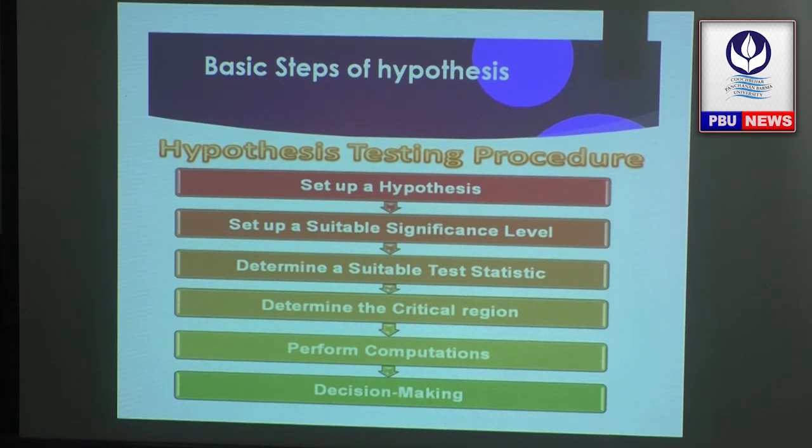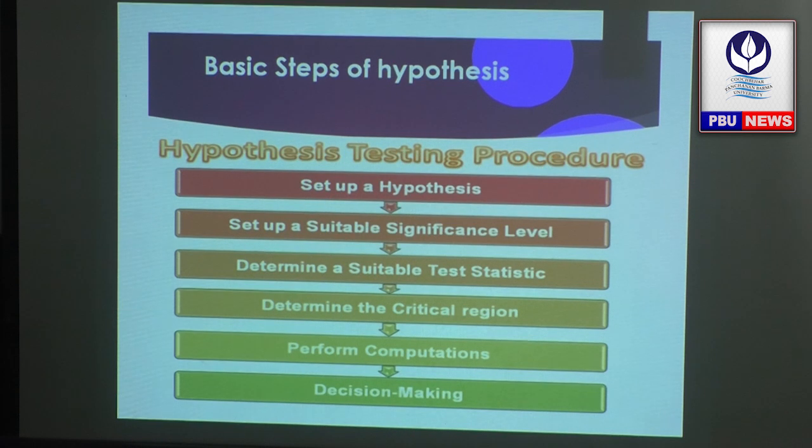Basically, there are 4 steps. First step, clearly state your hypothesis. Second step, set the criteria for a decision. Number 3, compute the test statistic, and last, make a decision.